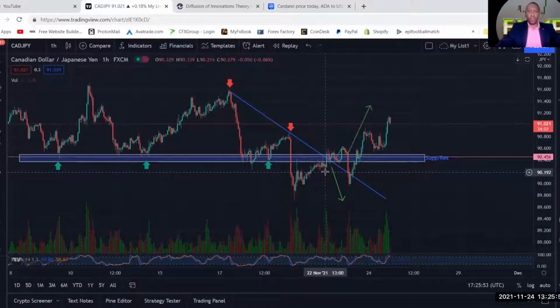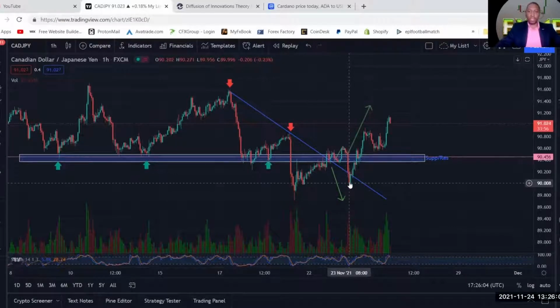So what we saw happen was price broke above. We had a little breakout here that wasn't too significant, and then price fell back below the support structure, and we had an aggressive move here.